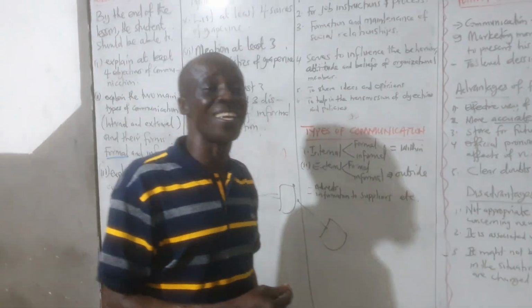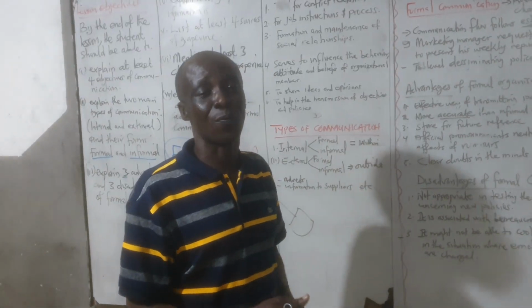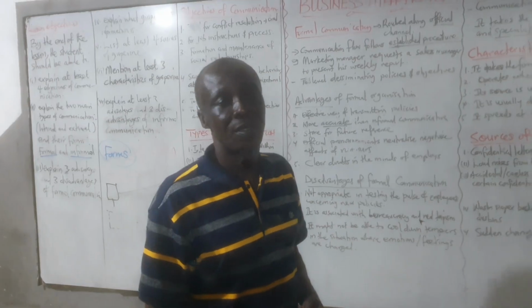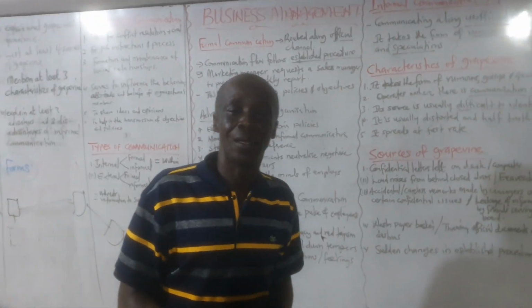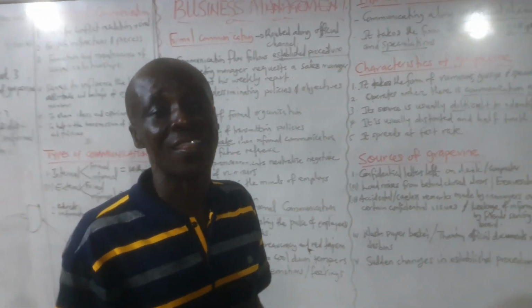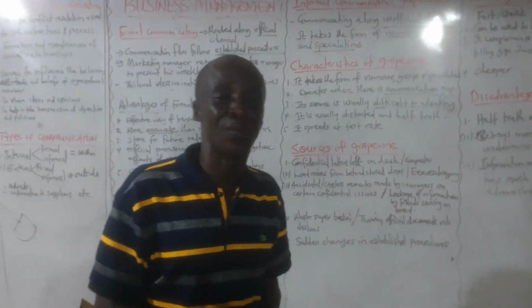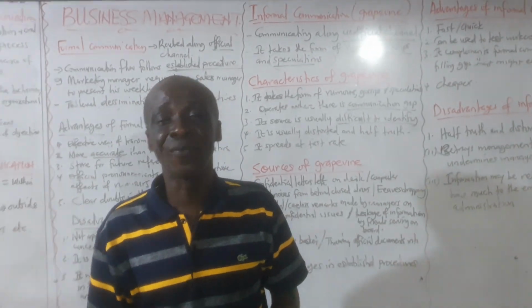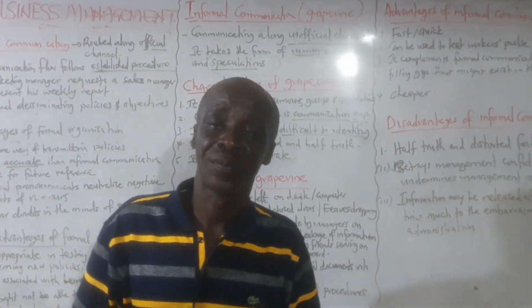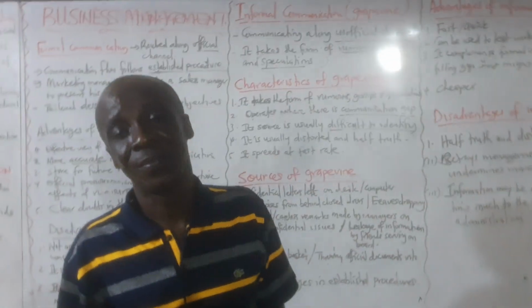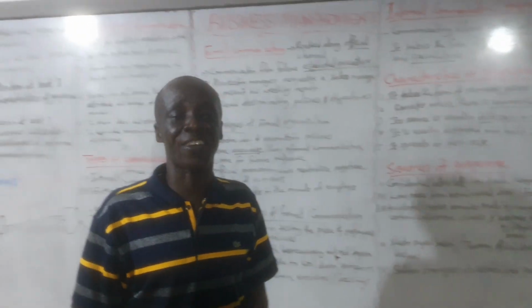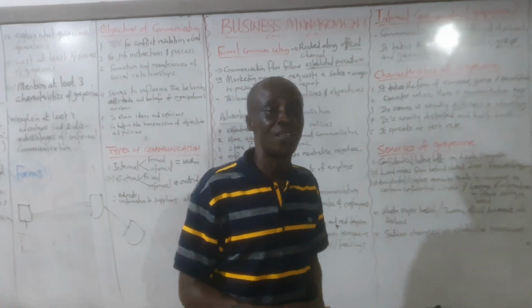State and explain any 3 advantages of formal communication. State and explain any 3 disadvantages of formal communication. What is informal communication? Or what is grapevine? State any 4 characteristics of grapevine.